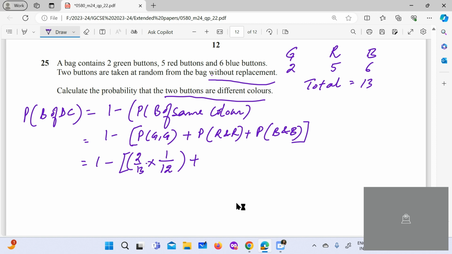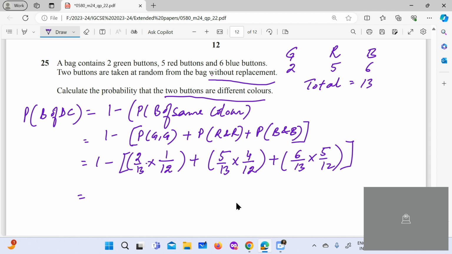Now plus the probability of red, in the same way it will be 5 over 13 times 4 over 12, plus 6 over 13 times 5 over 12. I hope this is clear.